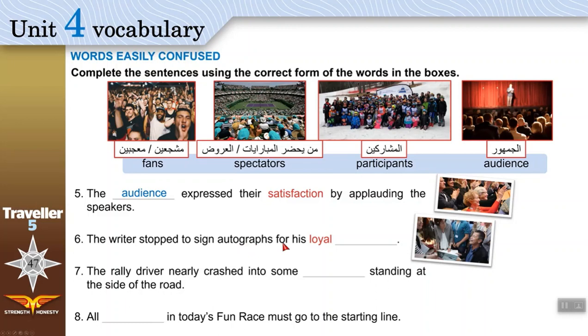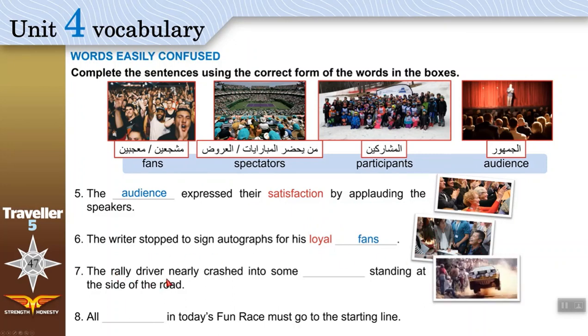The writer stopped to sign autographs for his loyal fans. Loyal means they give constant support. These people are into reading books written by this author.